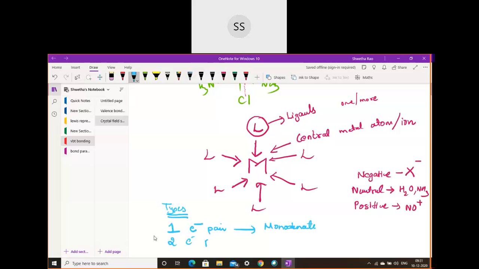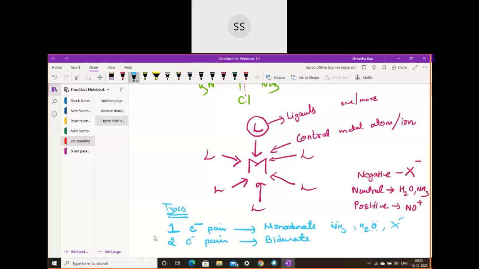In that also, based on the number of electrons which they donate, we have types. So there are types of ligand based on the number of lone pairs of electrons which are donated by them. Suppose if they donate only one electron pair, then such type of ligands are called as monodentate ligand.